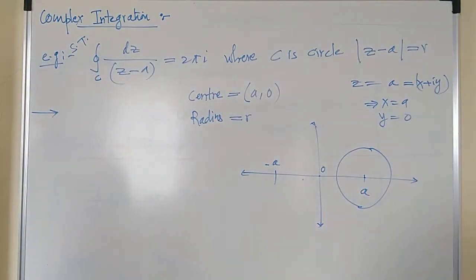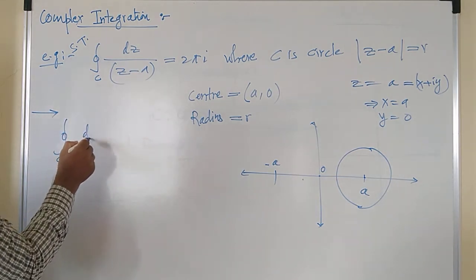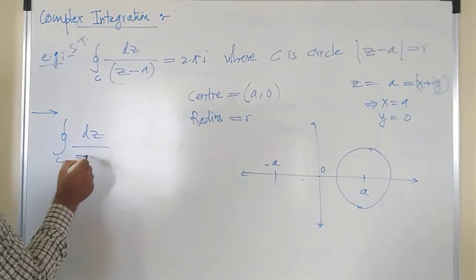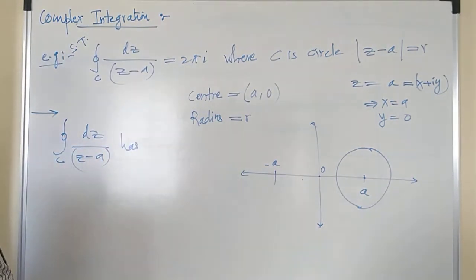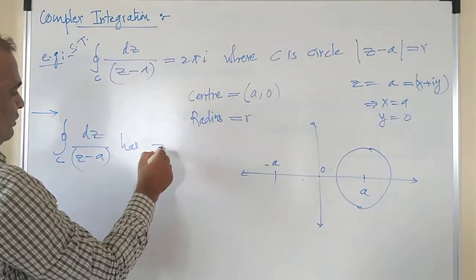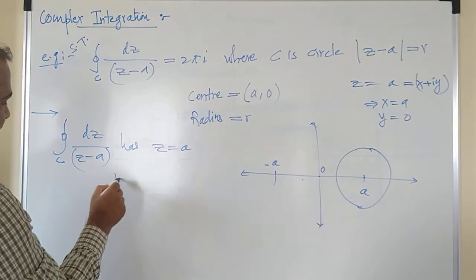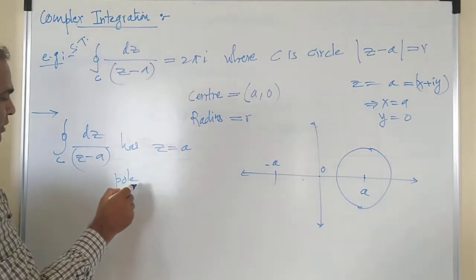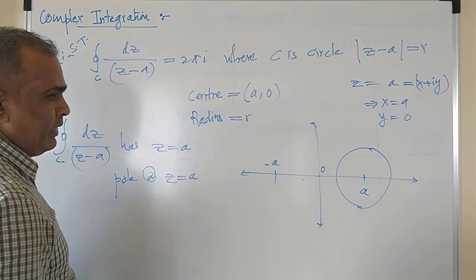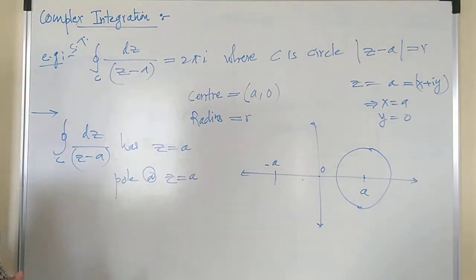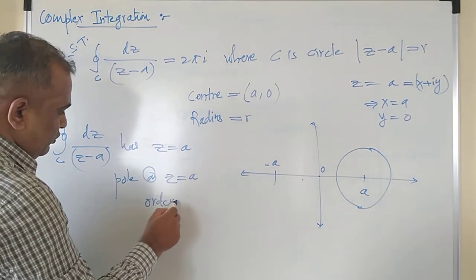So the given contour integral dz upon z minus a has a singularity at z is equals to a, right? So what is the pole? This is called as a pole only. So the given point has a pole at z is equals to a, isn't it? And its order is equals to 1.